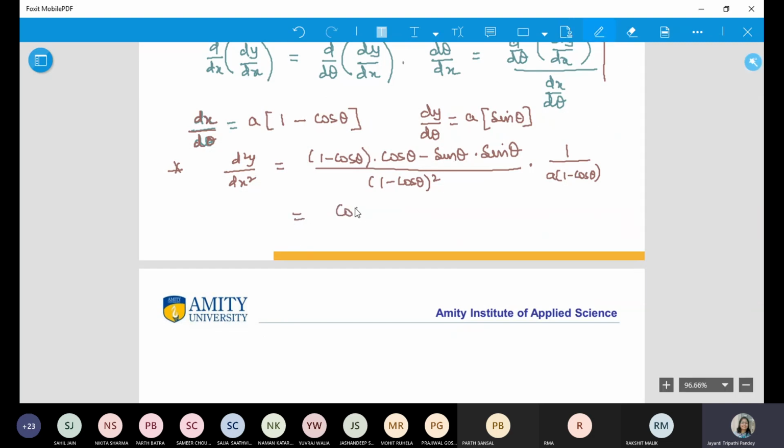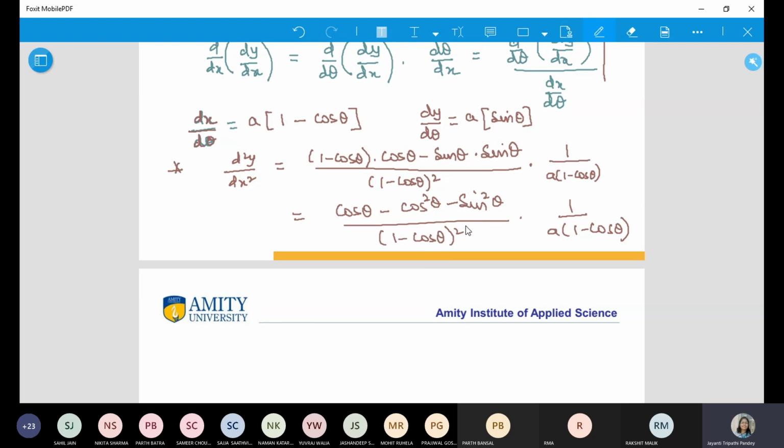You will get cos theta minus cos square theta minus sine square theta, over 1 minus cos theta whole square, into 1 upon a into 1 minus cos theta. Please simplify. Cos square theta plus sine square theta will give you 1. So it is cos theta minus 1. So that will give you minus 1 upon a into 1 minus cos theta square. Please check.